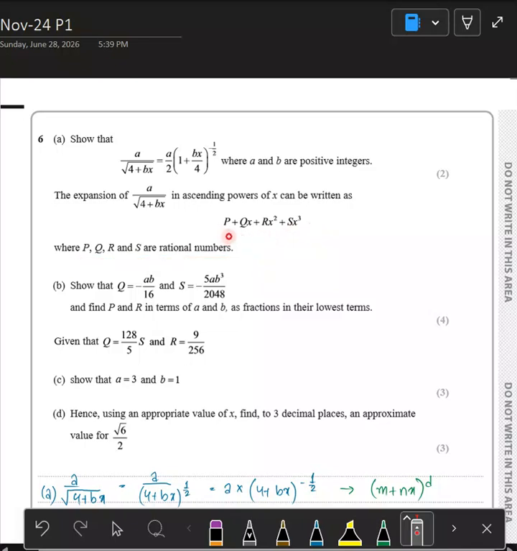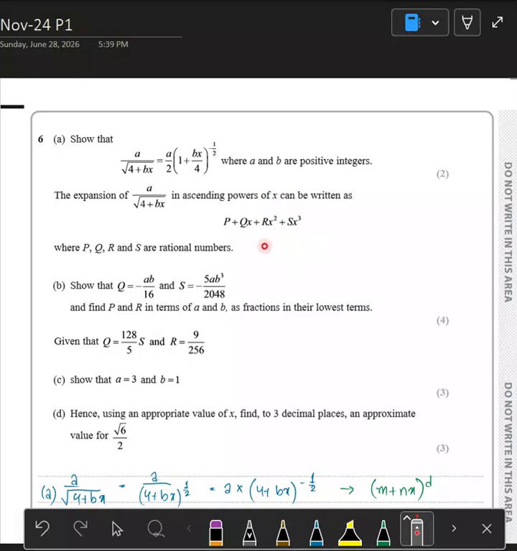So what are coefficients? Coefficients are constants which are getting multiplied with the variable x, x squared, x cubed. Q, r, s are coefficients. P is also a coefficient, the coefficient of x to the power 0. But we don't write x to the power 0 because anything to the power 0 is 1.